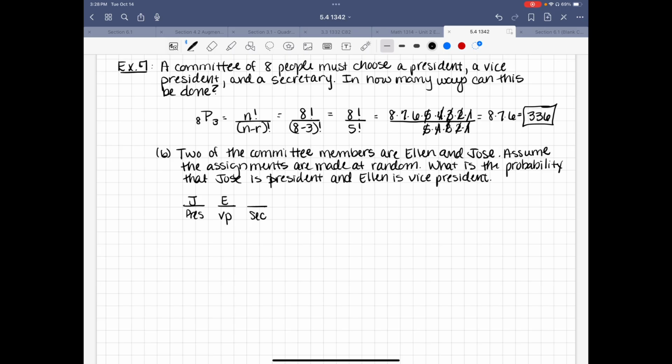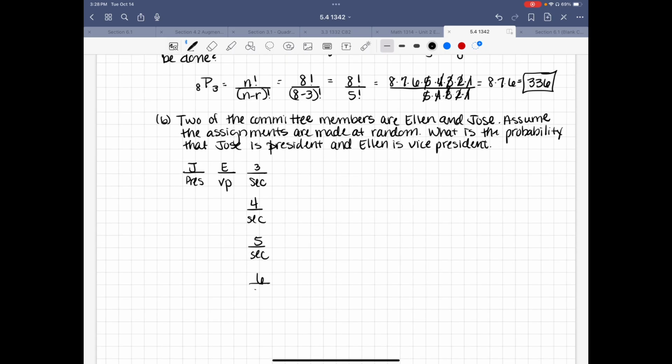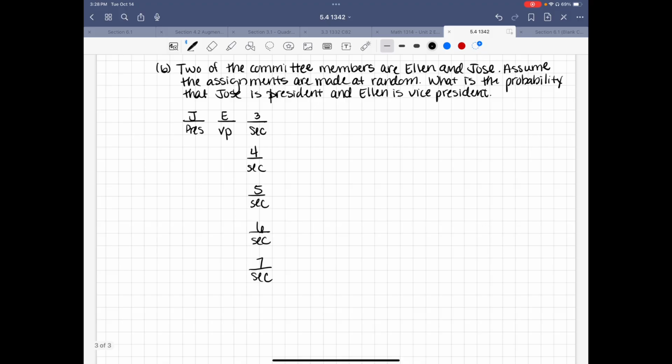So we don't have 8 people anymore to choose from. Jose and Ellen could be president and vice president, and then we could have person 3 as secretary, or person 4, or person 5, or 6, or 7, and then finally person number 8 as secretary.